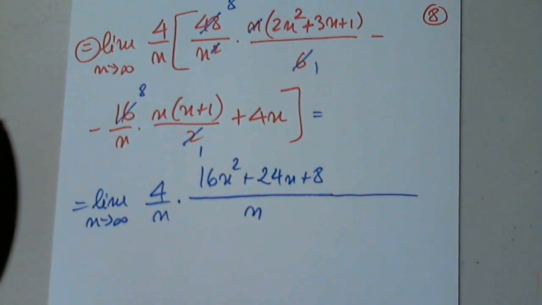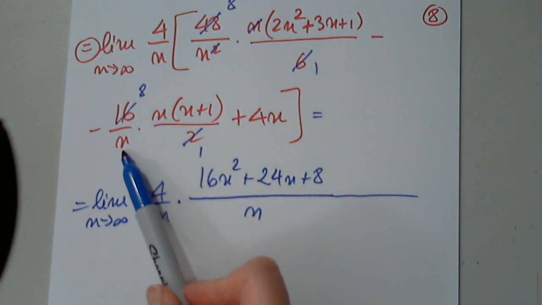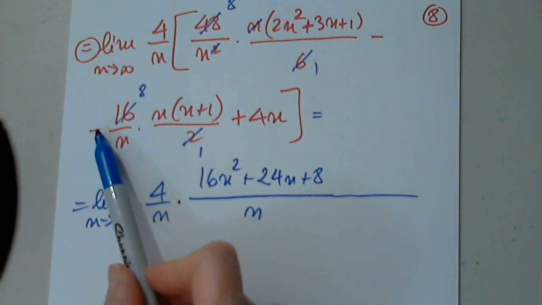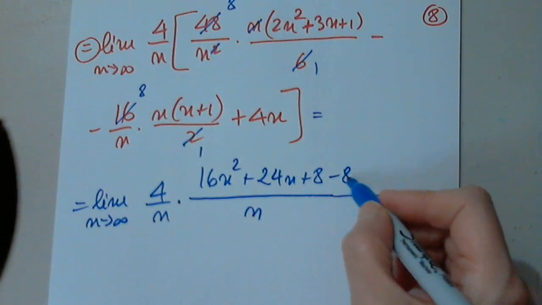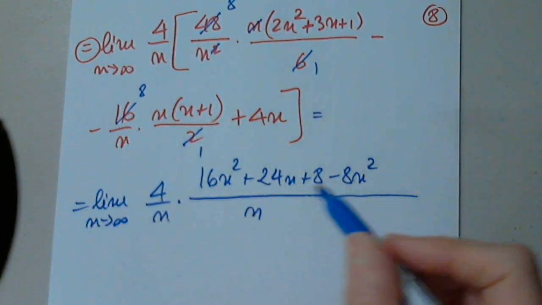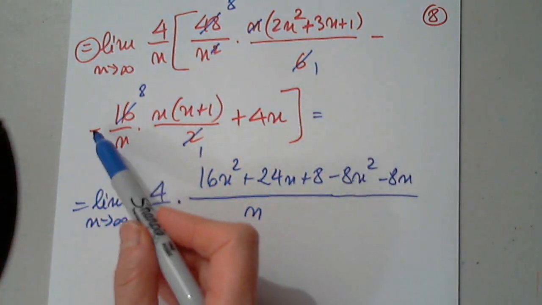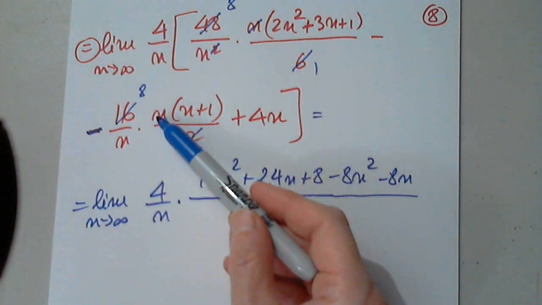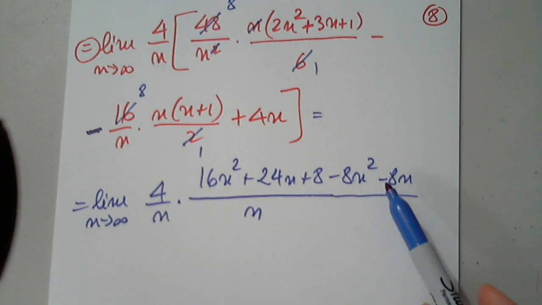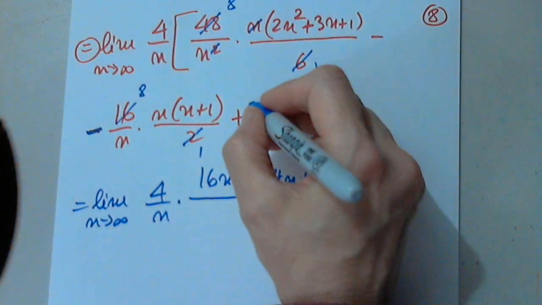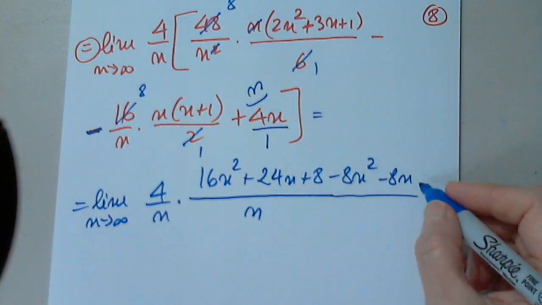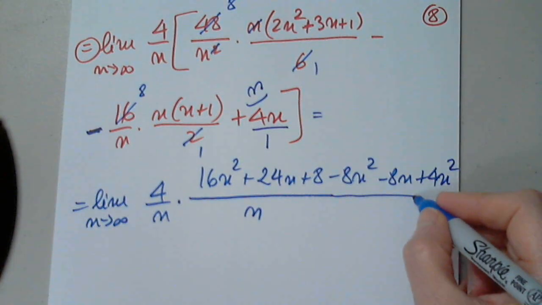And then we have the least common denominator is still n, so negative 8n squared and negative 8n. So 8 times n, but with minus in front, and 8 times n times 1 with minus in front. This one is over 1, so it needs an n. So plus 4n squared.